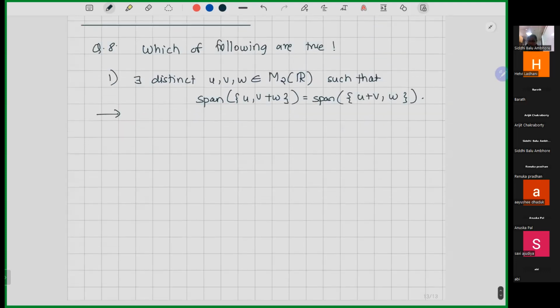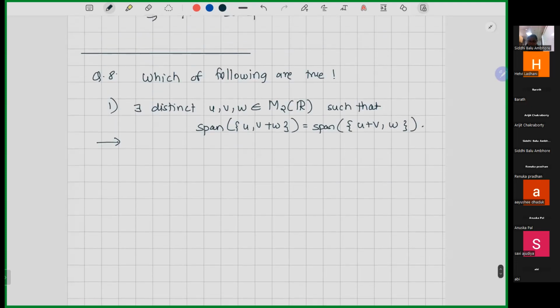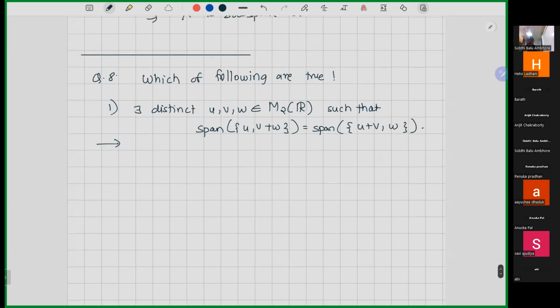What is your guess? First understand that they are saying that there exist such u, v, w. This need not happen for any given u, v, w, but they are asking whether there exist such u, v, w such that the span of {u, v plus w} is equal to the span of {u plus v, w}.